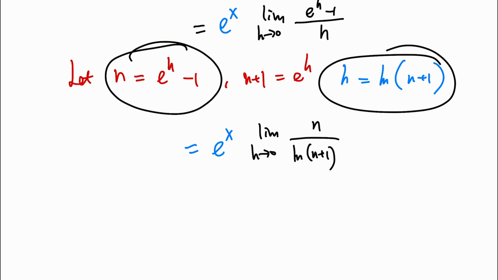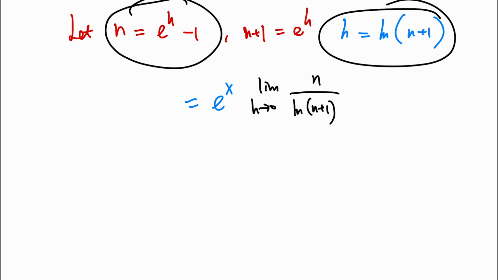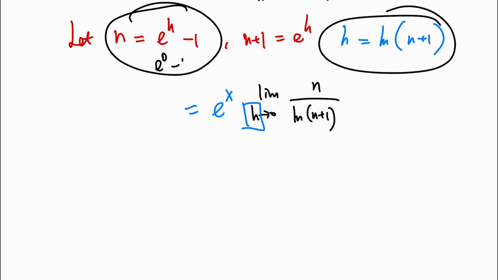And when we have that, we can simplify it even more. As h approaches 0 over here, we can actually find out that if h approaches 0, then n will be e to the 0 minus 1, which is 1 minus 1, which is 0.